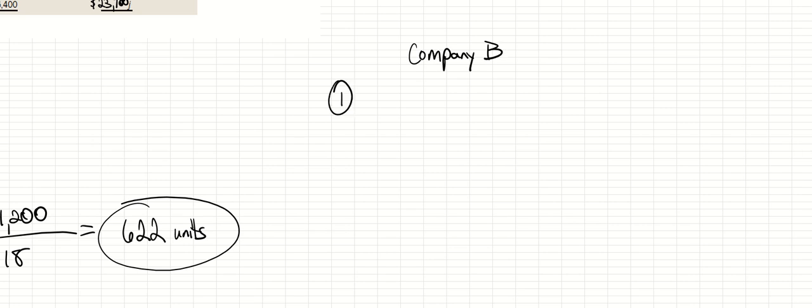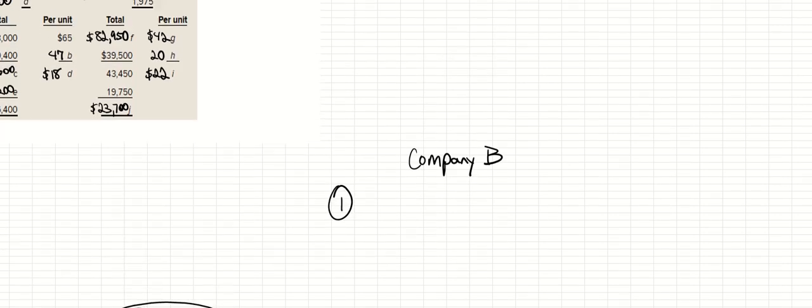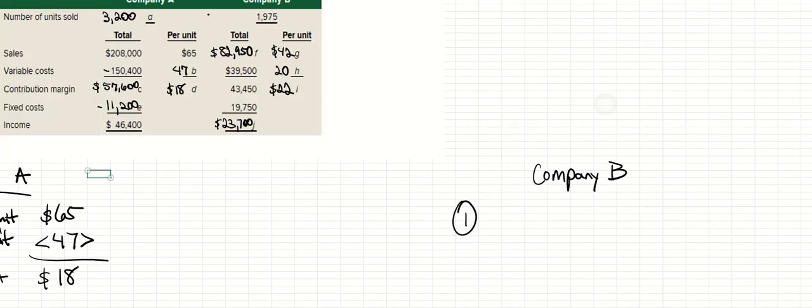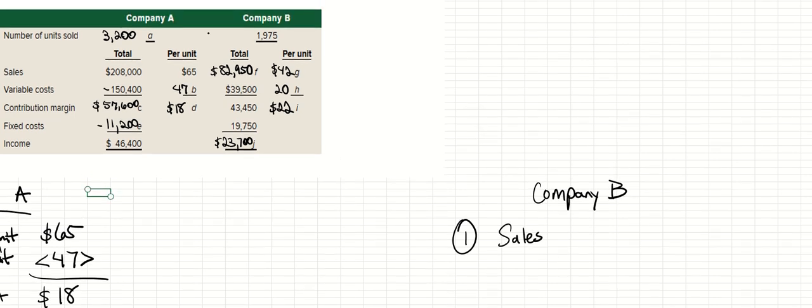Okay, step 1. Calculate the contribution margin per unit. So in this case, we're going to bring in the sales, not total sales, sales per unit, which is $42.